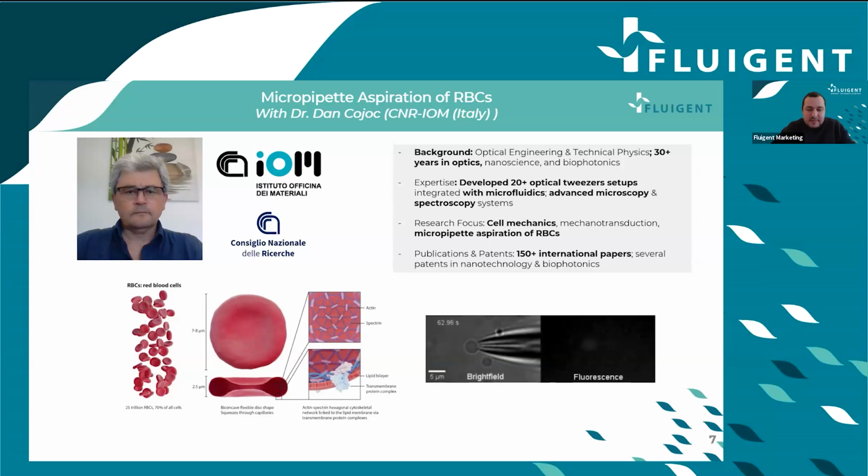His current research focuses on red blood cell mechanics and mechanosensitive ion channel activation using one of the techniques, micropipette aspiration. So today we are honored to have you, Dr. Dan Cojoc, and we will be pleased to hear and see your explanations about this topic.